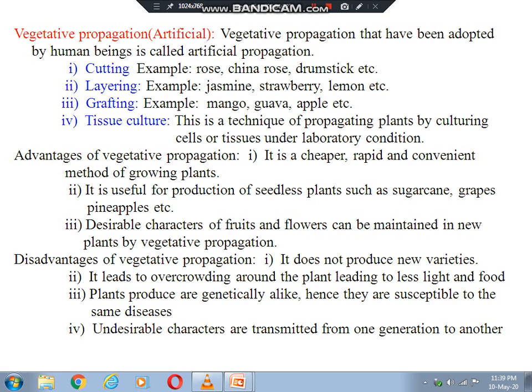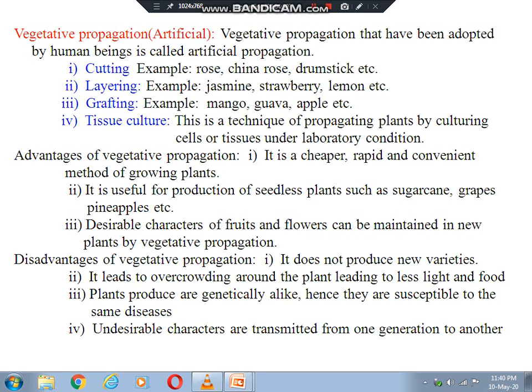It does not produce new varieties, though the plants are produced from single plant, only one plant. That means there is no chance of obtaining any variations or new varieties. So it does not produce new varieties. The offsprings are same as their parent plants.